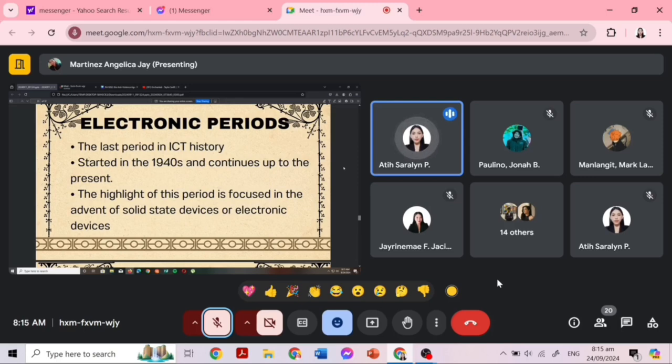The electronic period is the most recent chapter in the history of information and communication technology, starting in the 1940s and continuing to this date. It's all about the development of solid state devices, which are electronic components made from semiconductors like transistors.